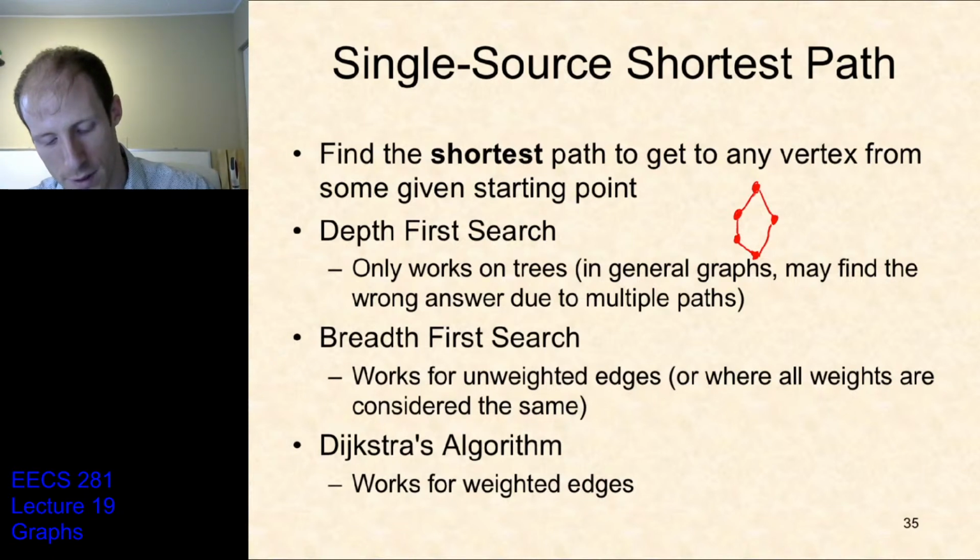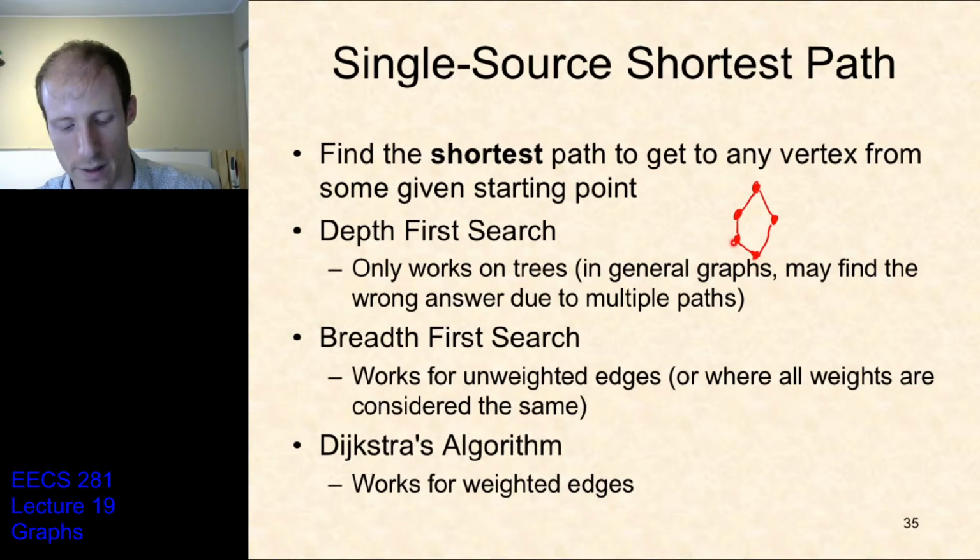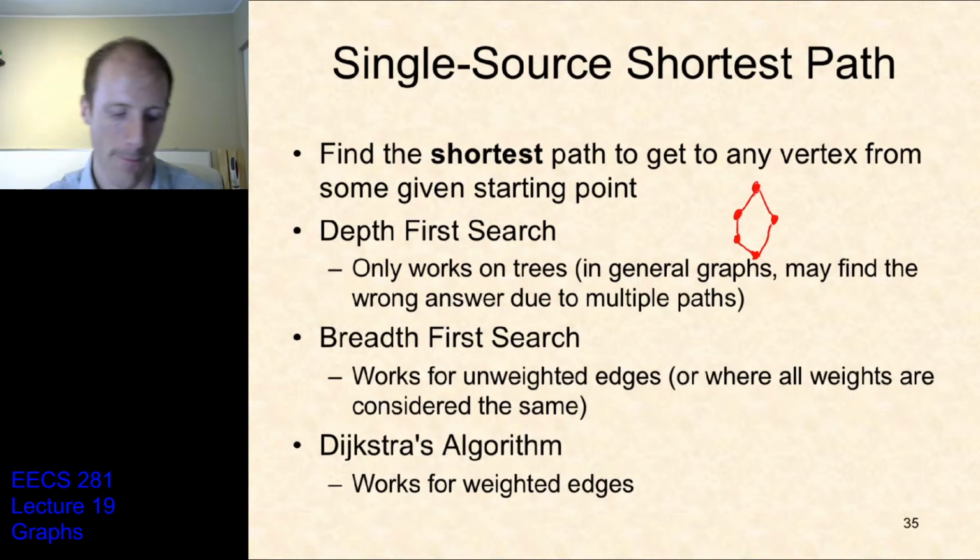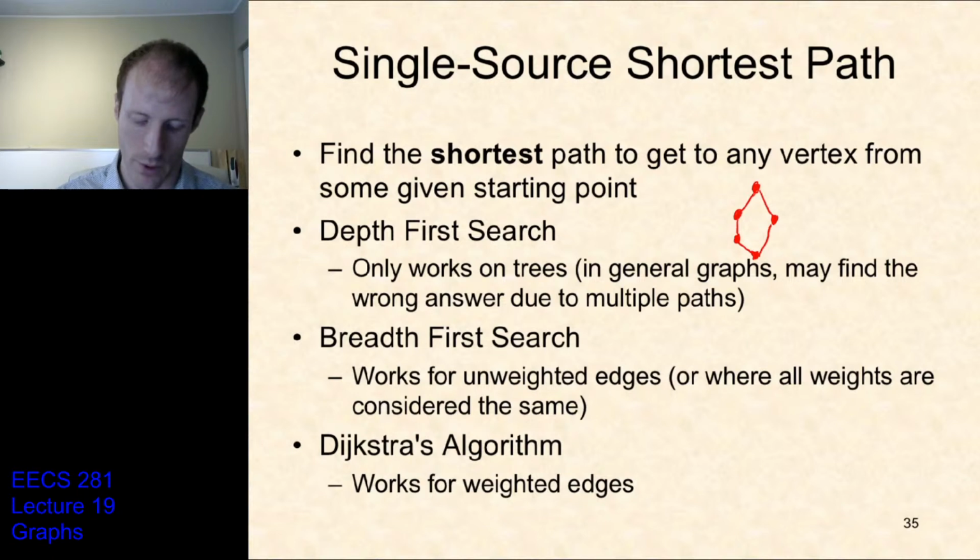But depth first search, if it starts going down this path, it's going to go all the way down this path first. And so it's going to reach our target node with a distance of 3. And it's never going to reach it along this path because we will have marked this node as visited. So when we go down this path, we're actually going to stop right here. And we'll go more in depth here in a second.